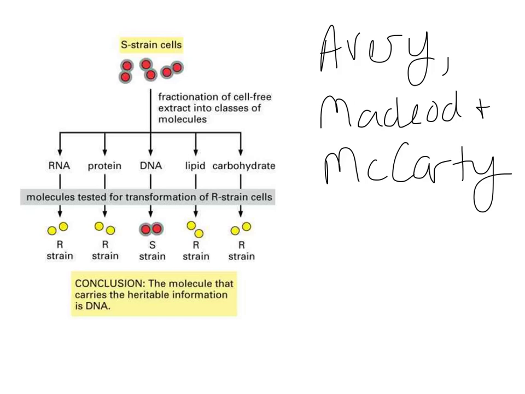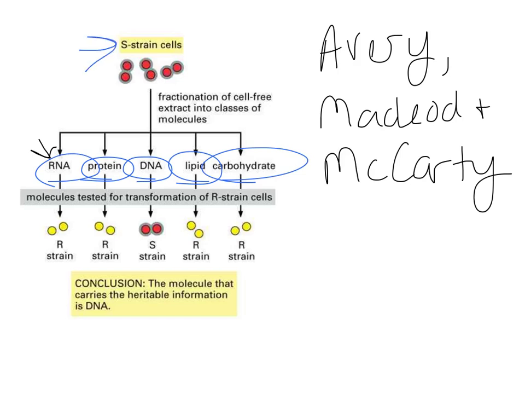So what they did is they isolated all these different parts of the pathogenic S strain bacterial cells and introduced the different parts to the R strain, and they found that the only ones that converted, that were able to uptake this hereditary factor, were the ones that had been exposed to the DNA. So they were then able to take Griffith's experiment that extra step and conclude that it was actually DNA that carried the heritable information.